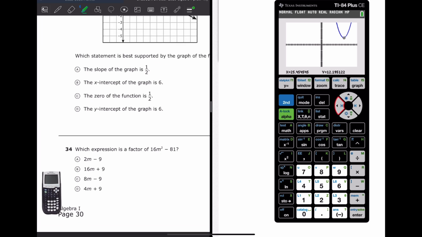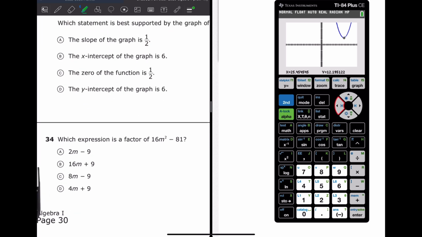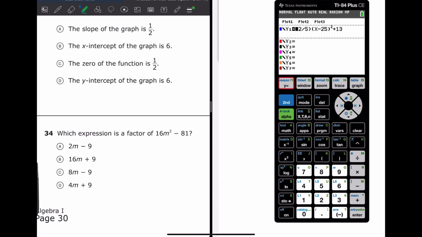This was looking for a factor. You can go to y equals. Under y1, you're going to type the given. Under y2, you're going to select each answer choice. And you're going to see which one of these intersects at one of the zeros of the parabola. Zoom in if you need to.